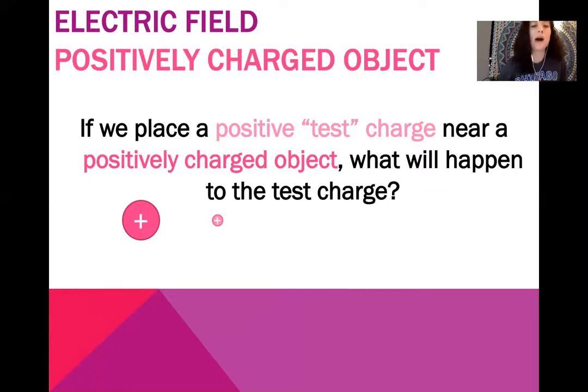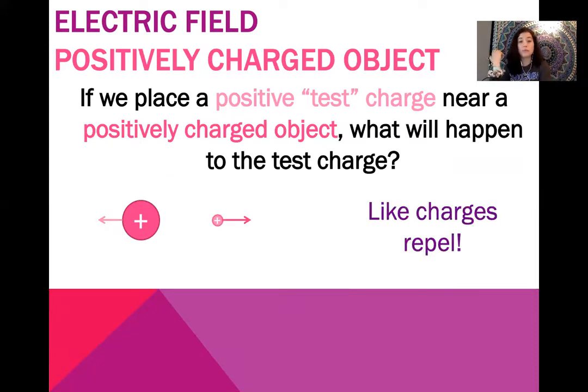If I put a positive charge, the little small charge, near the positive object, what's going to happen? Are the two objects going to attract each other, or are they going to repel each other? Well, like charges repel each other, right? So as you can see, we've got two arrows pointing outward from each of these charges. My test charge is going to the right, and my positive charged object has an arrow pointing to the left.